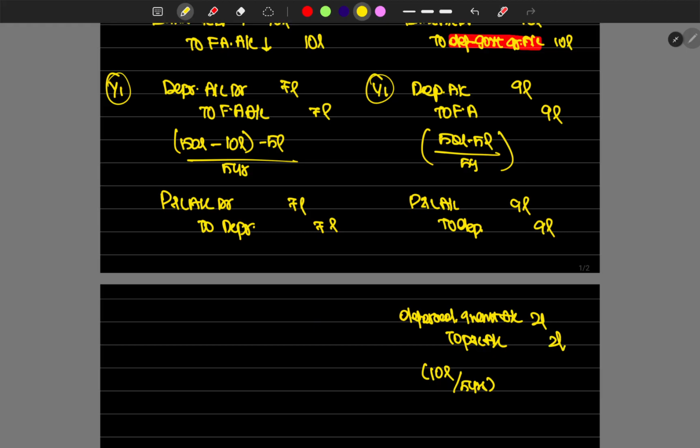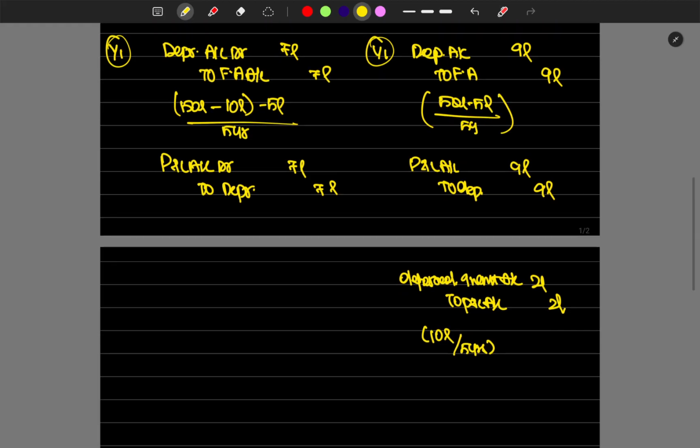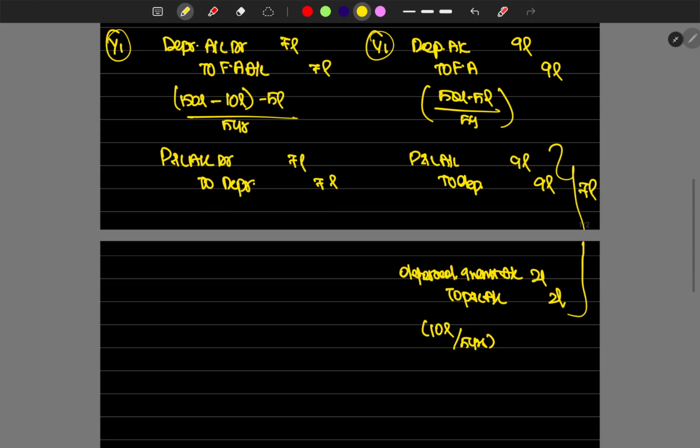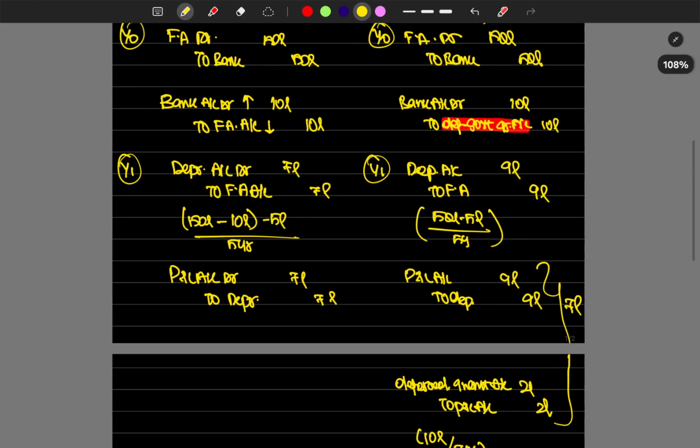So 2 lakh should be recognized as our income for the current year. We have debited the deferred grant account and credited the P&L, so our income has increased by 2 lakh. If you adjust this, you will get 7 lakh. That's what we have done in the first case also. Here we have split it and shown it as a different entry, but the concept is the same for both.